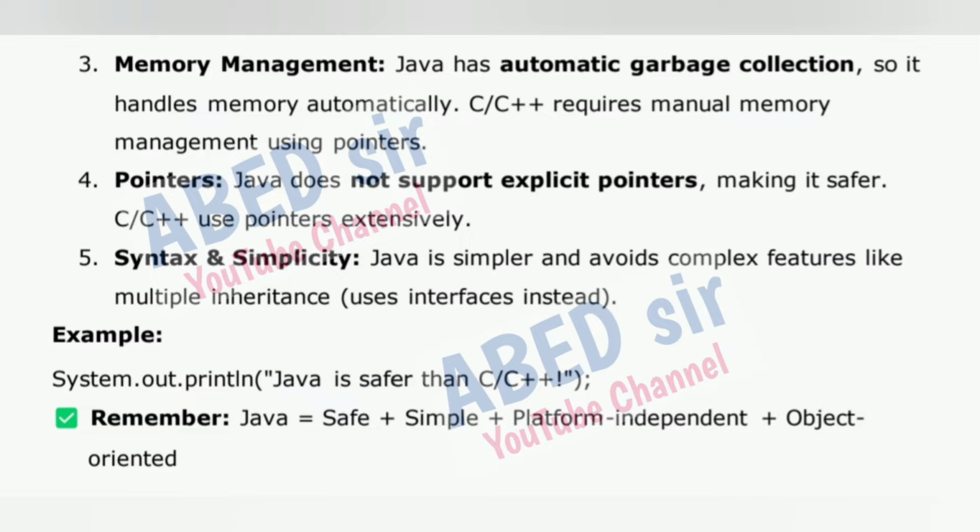Syntax and simplicity. Java is simpler and avoids complex features like multiple inheritance, and uses interfaces instead. Example: System.out.println. Java is safer than C++. Remember, Java equals safe plus simple plus platform independent plus object-oriented.